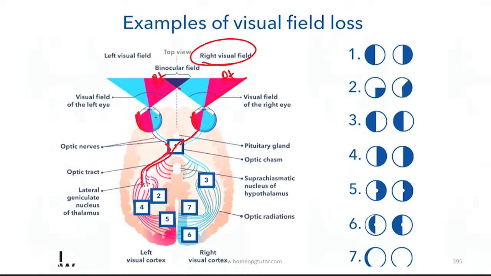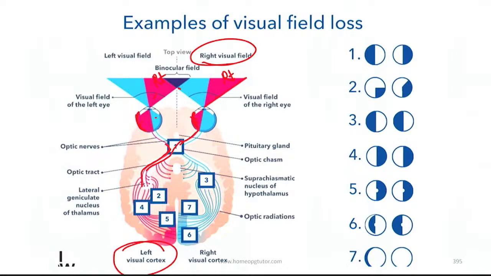Understood, right? So the right side of the brain will take up the visual impulses of the left visual field, and the left side of the brain will take up the visual field of the right side. Understood? So right visual field is processed in the left visual cortex.